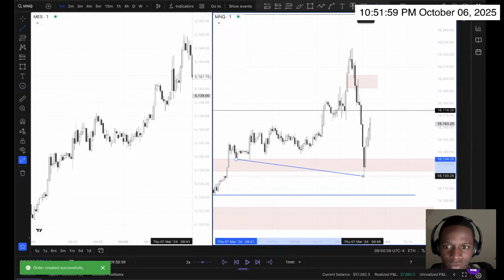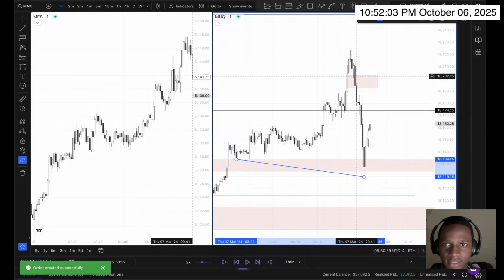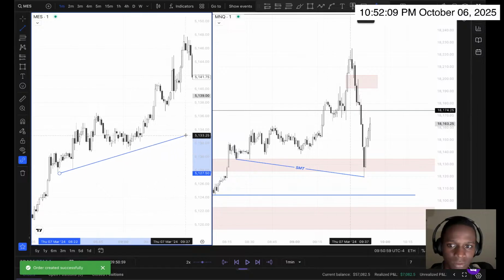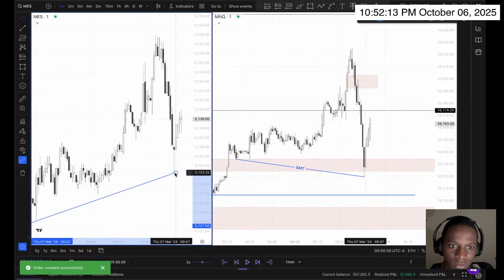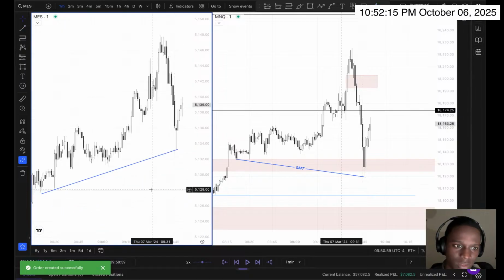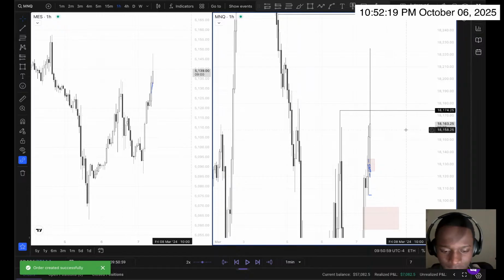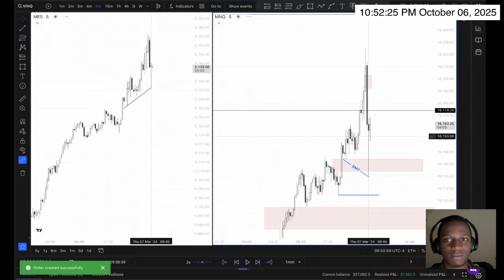From this furthest low here to here, we have 70, and from here to there. So this is the SMT, and we are in a 15-minute POI, and we're creating this kind of move. But the power of 3 wouldn't be agreeing with us. Here's why.